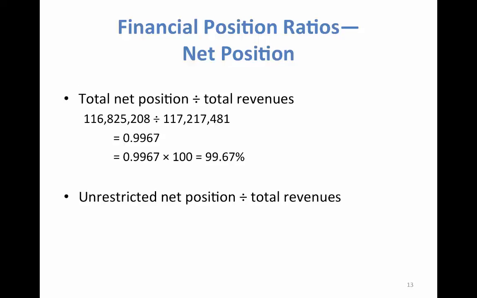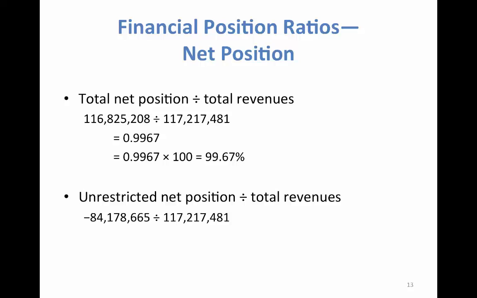Now, you could alternatively look at unrestricted net position divided by total revenues. The problem you have there, though, and I think I accidentally said I was looking at the primary government, this is actually the governmental activities numbers, is that it's not uncommon for the governmental activities unrestricted net position to be a negative number because they have so many long-term liabilities outstanding for which they raise resources to make payments on those liabilities on an annual basis, and they don't put any money aside.